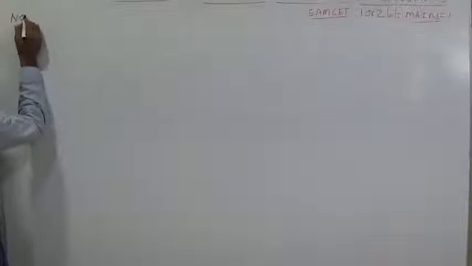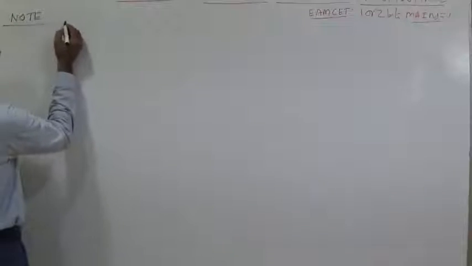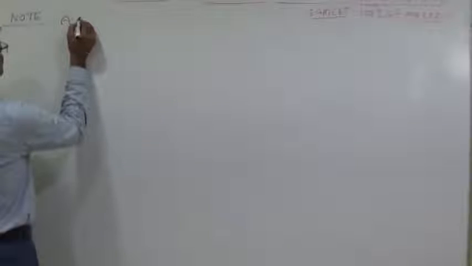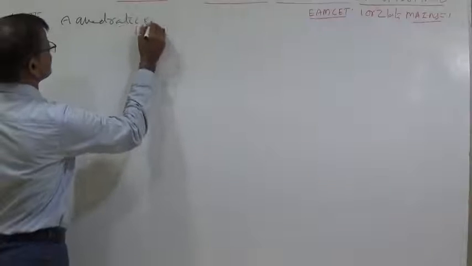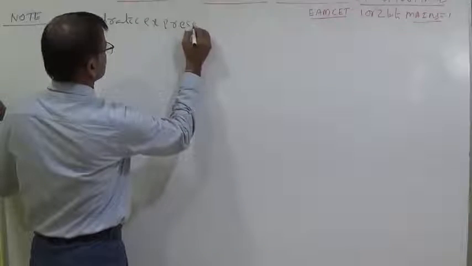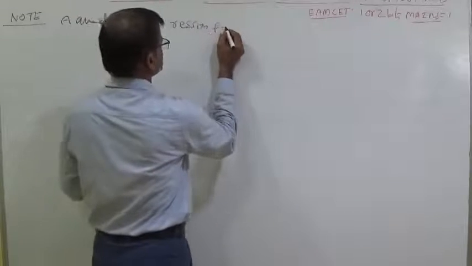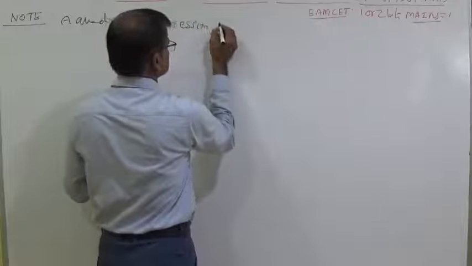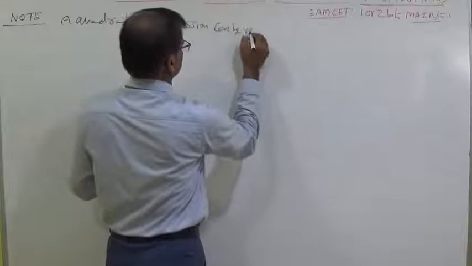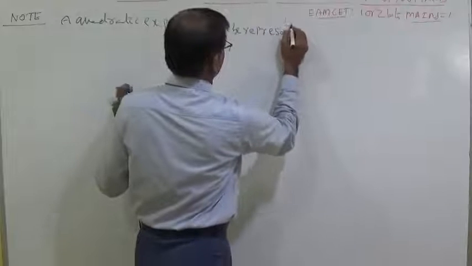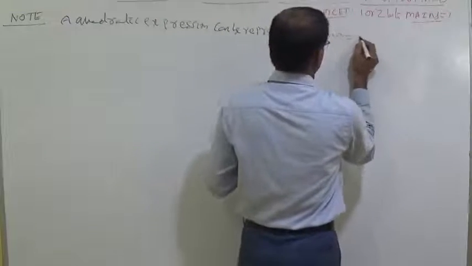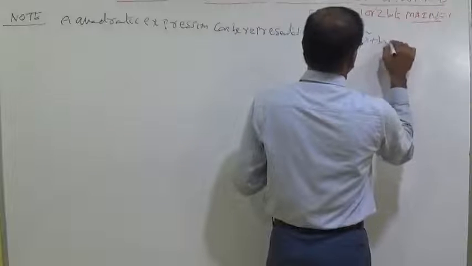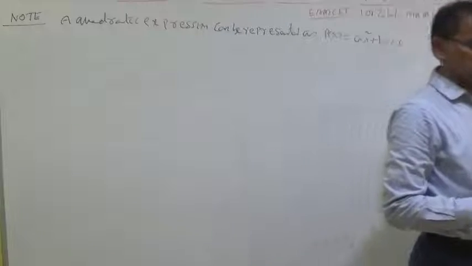An important topic is there; put a note. We should observe one thing: a quadratic expression can be represented as f of x equal to ax square plus bx plus c.